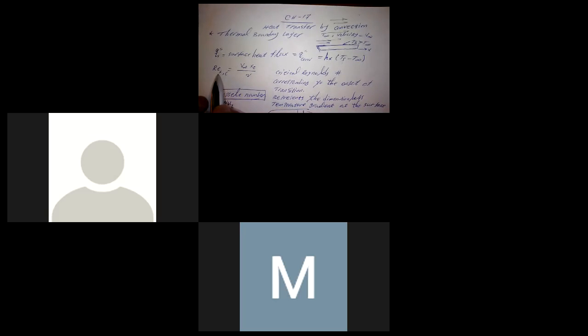And then we have to revisit the Reynolds number, which we call the critical Reynolds number. Reynolds number as a function of x, from the leading edge, where this is x and this is y.